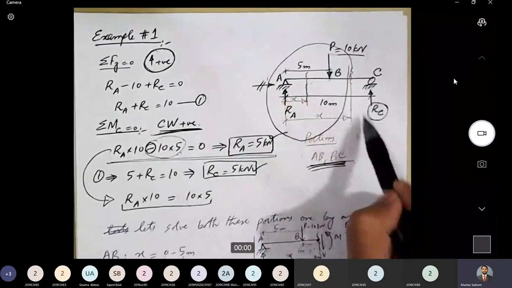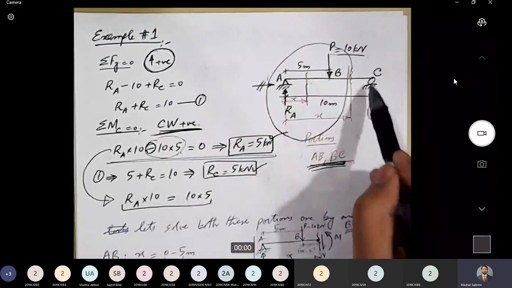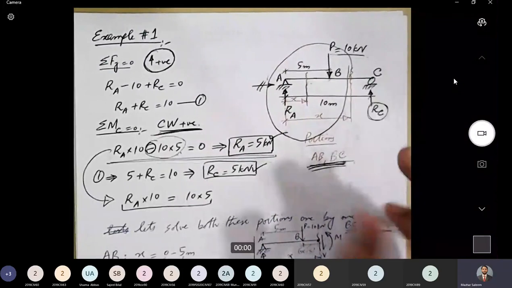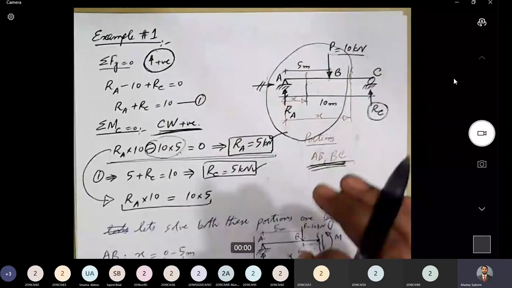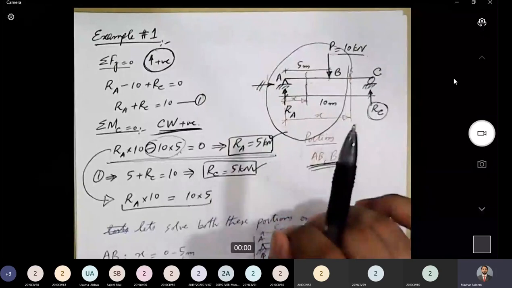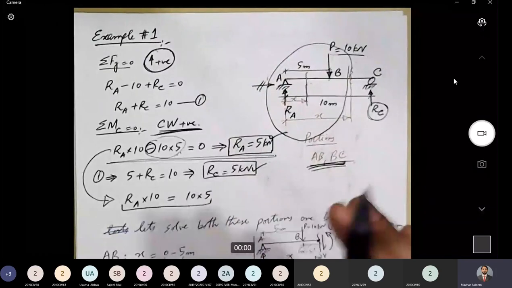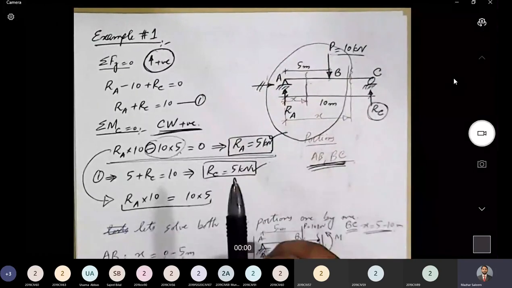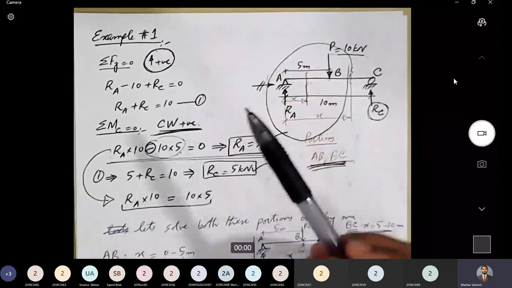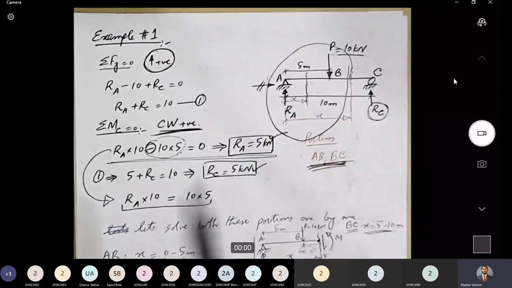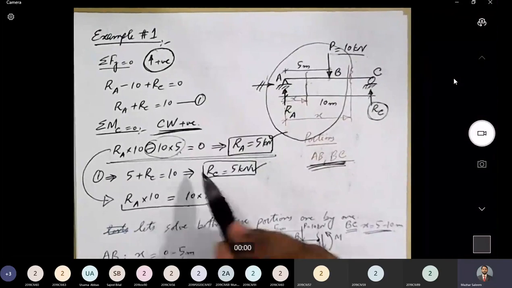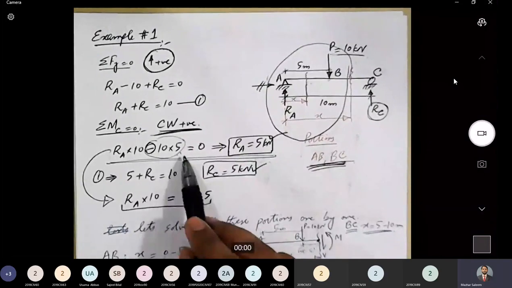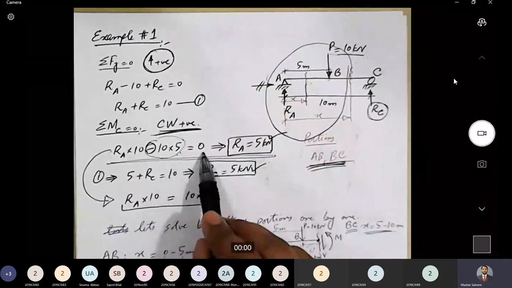There is a third force, Rc, but Rc is passing through point C. So the lever arm for Rc with respect to point C is equal to 0. Therefore, it will not produce any moment about point C. We already know this from our basic mechanics that if any force passes through a point, it cannot produce any moment about that point. So that's why this equation will end here. We'll put it equal to 0.